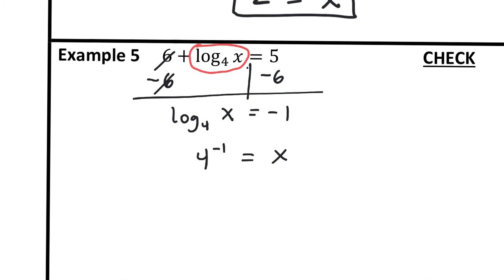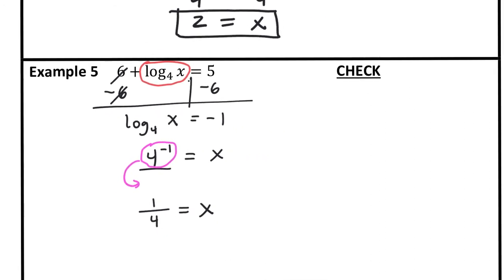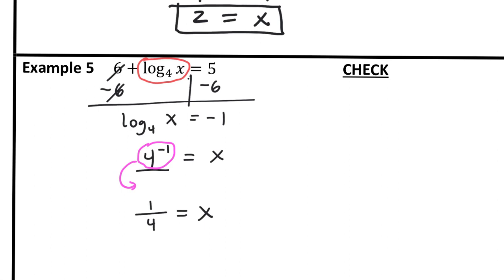But remember, if I have a negative exponent, I can take this term and move it to the bottom of the fraction. So I'm going to end up with 1 over 4 equals x. Then I'm just going to plug it into this equation, right?